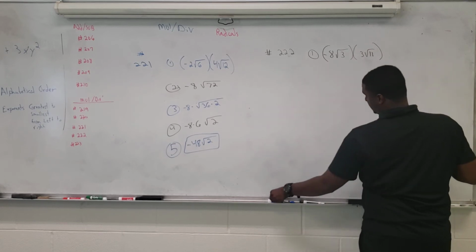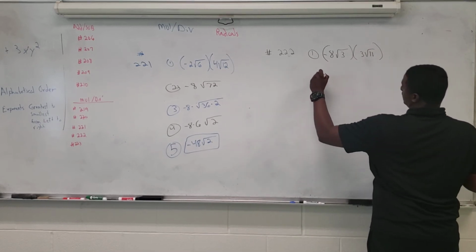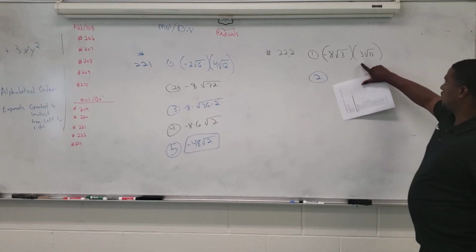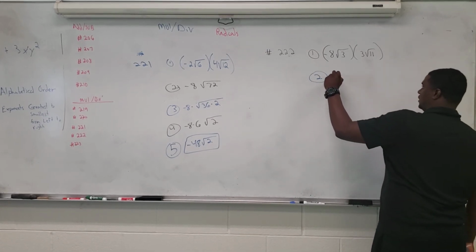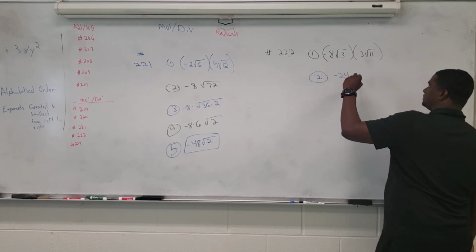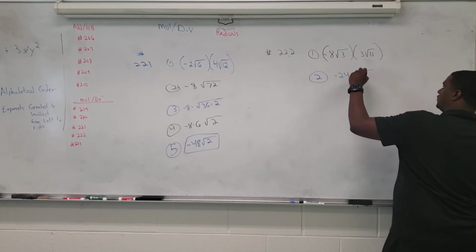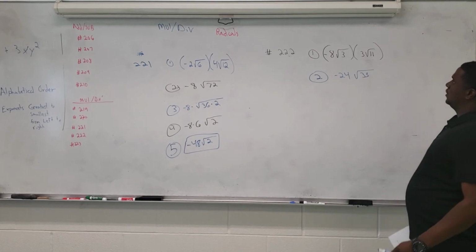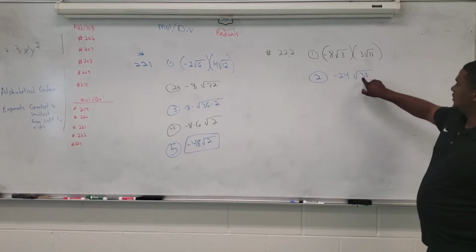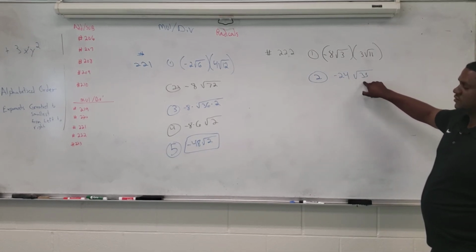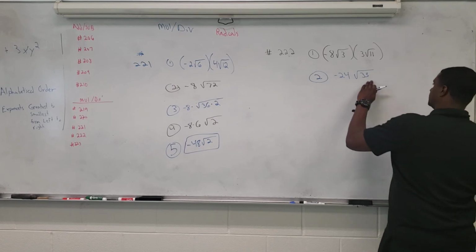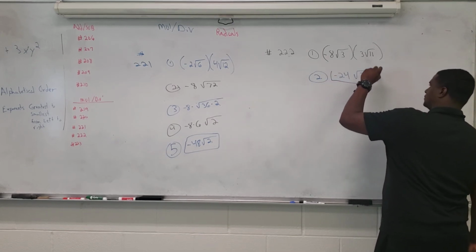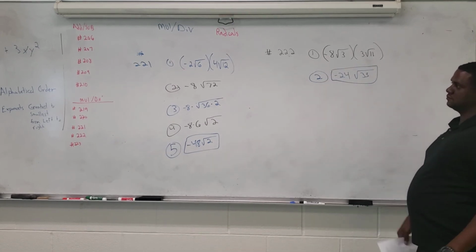Okay, I start off the same again. I start off with my coefficients. Negative 8 times positive 3, negative 24 times square root of 33. This is simplified because 33 doesn't have a perfect square, and the 3 and 11 are both prime numbers. So that's my final answer.